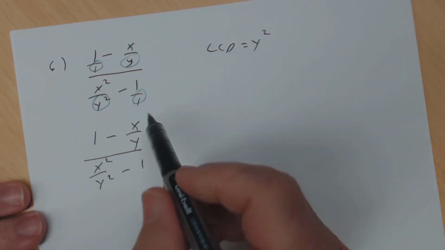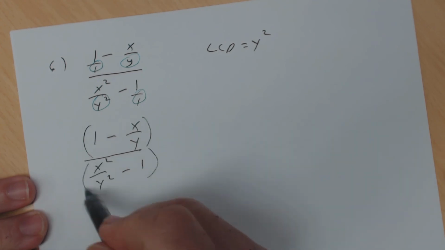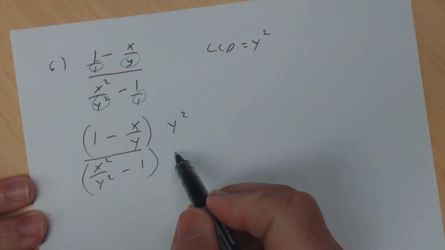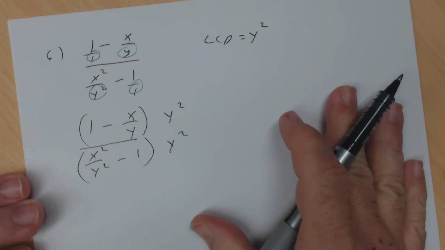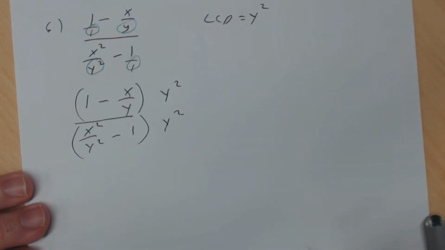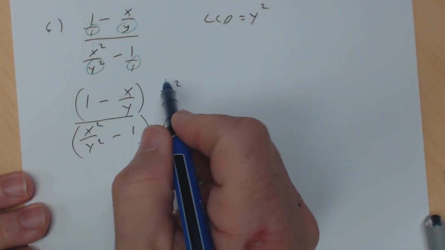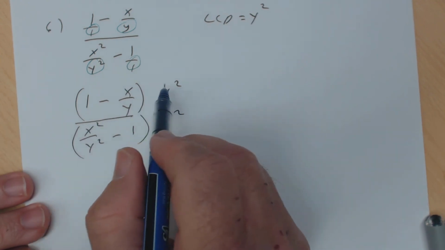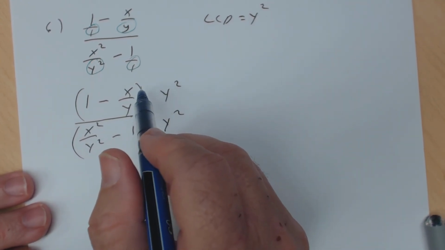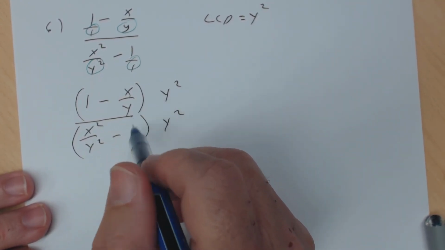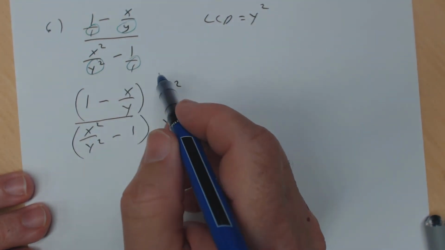Both the numerator and the denominator have to be multiplied by the LCD, so both of those have to be multiplied by y squared. And now remember, the next step is to clear the parentheses, and the whole purpose of multiplying by the LCD, numerator and denominator, is to clear the fractions.